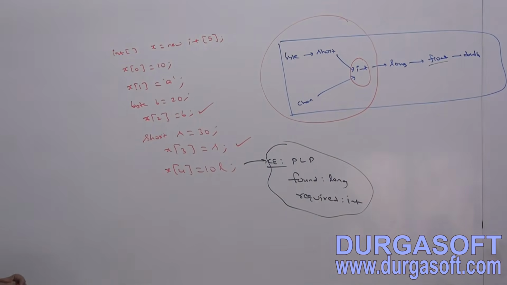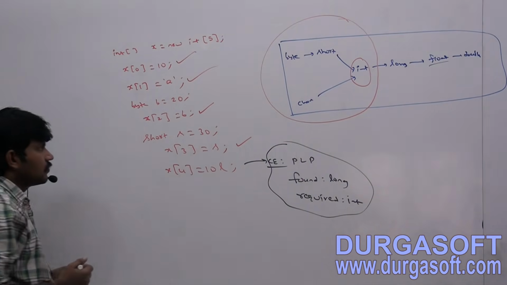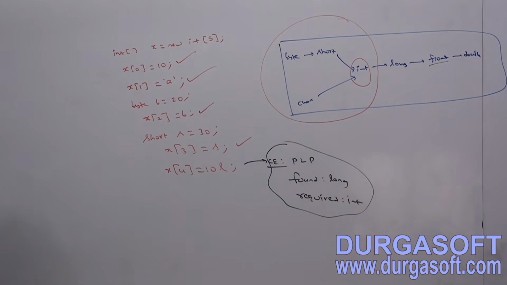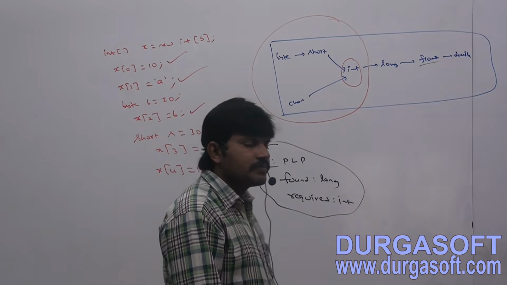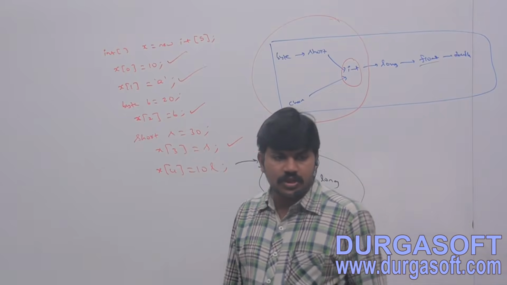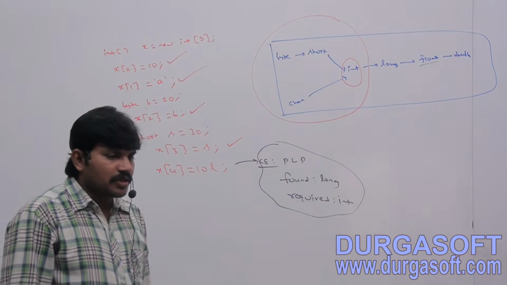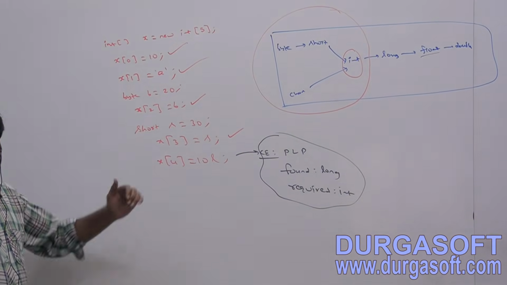If it is a float type, take that diagram also. Char is allowed, int is allowed, byte is allowed, short is allowed. We can provide any type which can be implicitly promoted to declared type. I hope it is clear for you.